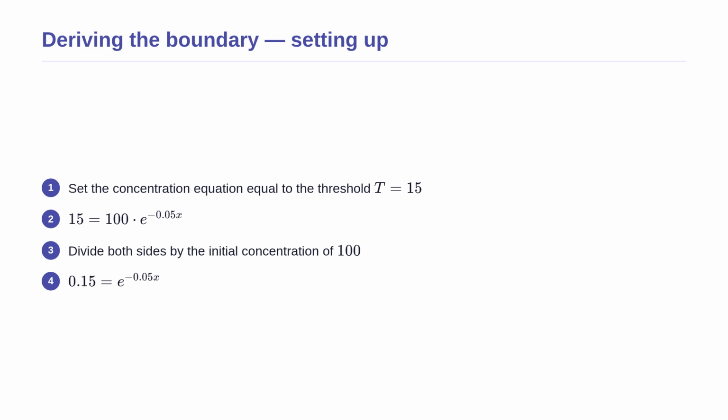To isolate the exponential term, we divide both sides of the equation by 100. This gives us 0.15 equals e to the power of negative 0.05x. This step tells us intuitively that the threshold is exactly 15% of the maximum concentration, making the subsequent mathematical steps much easier to handle.